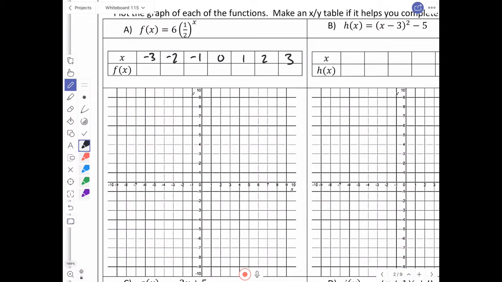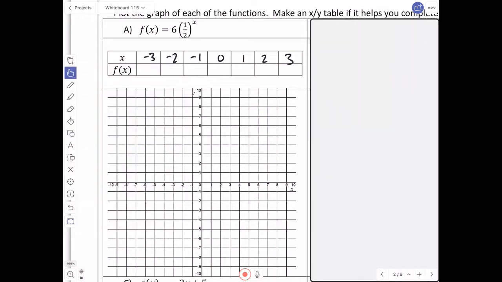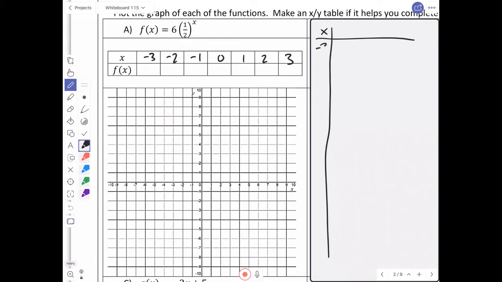And 6 times 1/2 to the -3rd power. Well, 1/2 to the -3rd power is, let's see, I'm going to make some extra space over here to the right. So I'm starting with x: -3, -2, -1, 0, 1, 2, 3, and f of x.